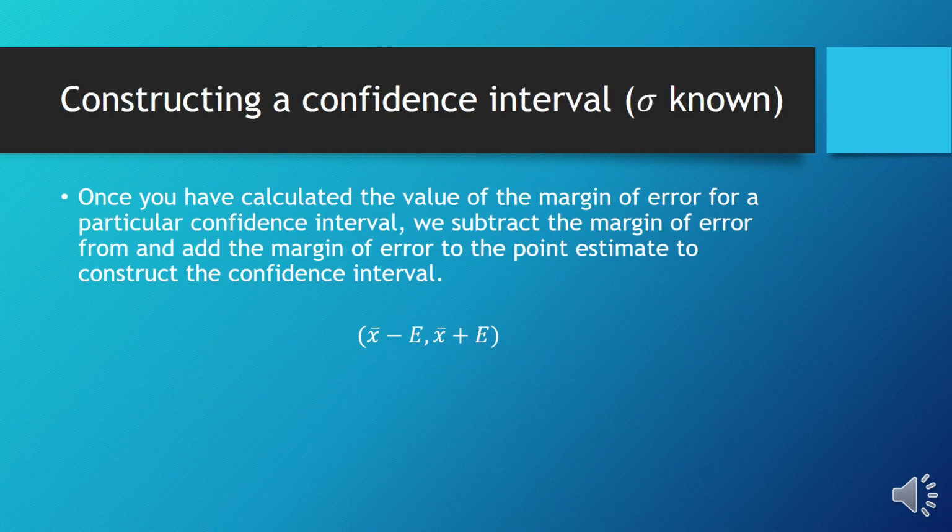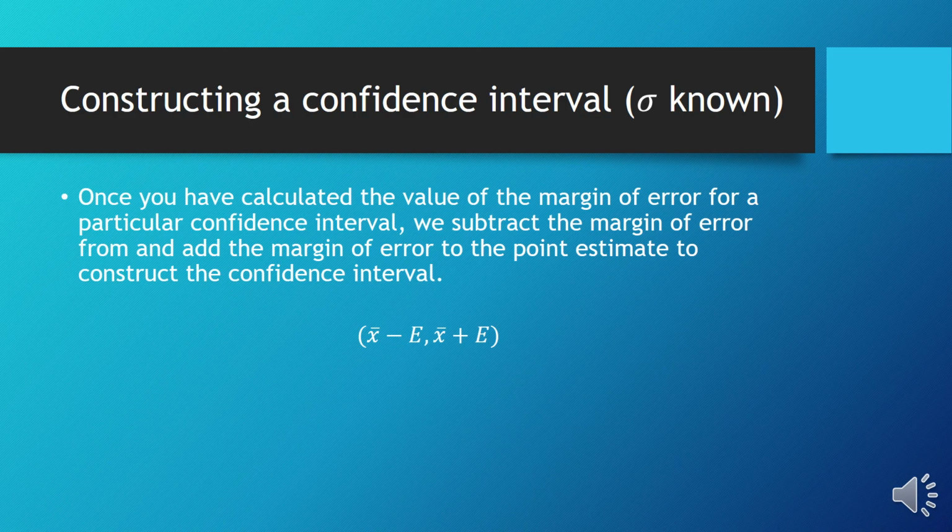Now we can look at the formula for constructing a confidence interval whenever the population standard deviation is known, so if you know sigma. Once you've calculated the value of the margin of error for a particular confidence interval, we're going to subtract the margin of error from the point estimate and then add the margin of error to the point estimate to construct the confidence interval. So you can see it's given as an interval here.